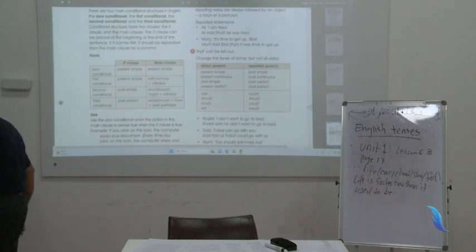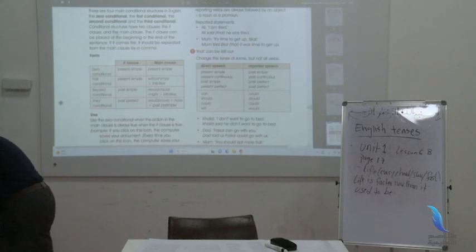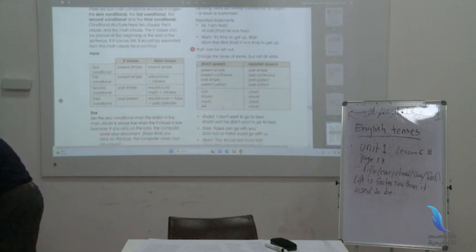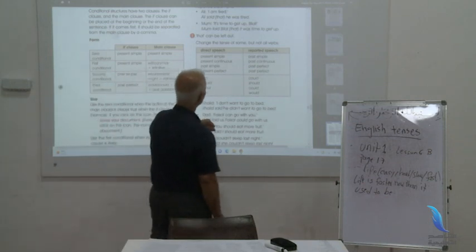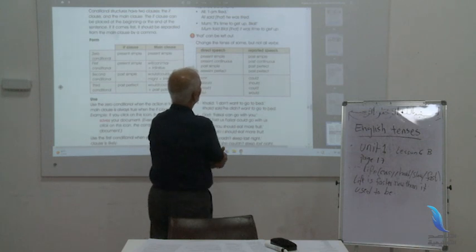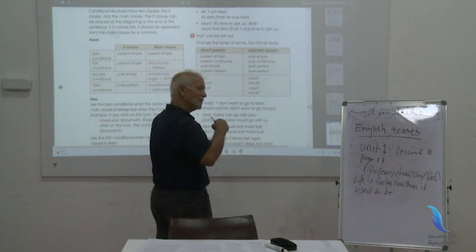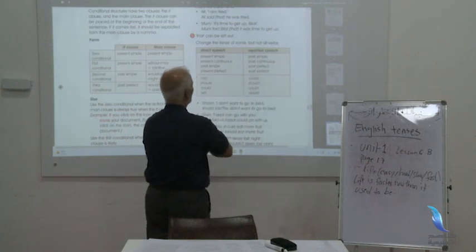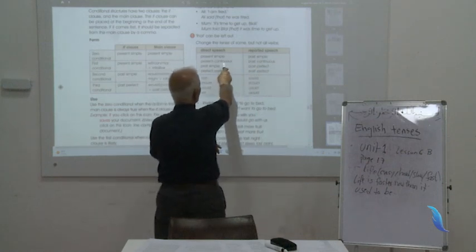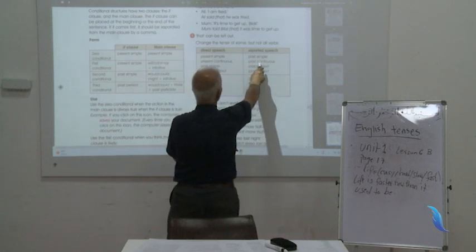In direct speech and reported speech, what do we use in direct speech? We use present simple. If we want to change direct speech to reported speech, we use past simple. Present continuous, past continuous.